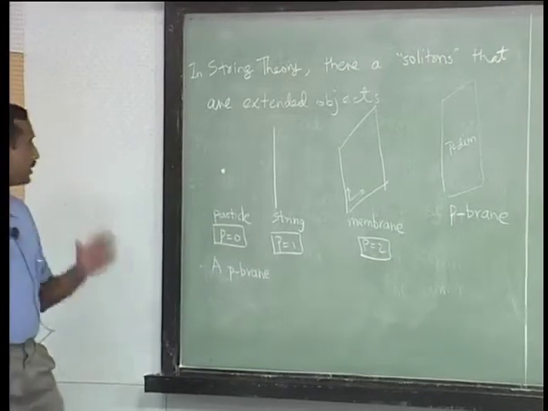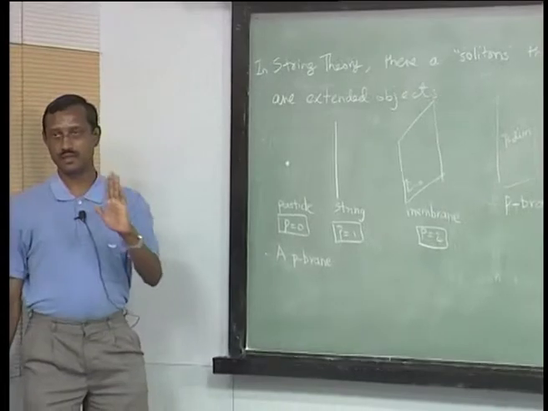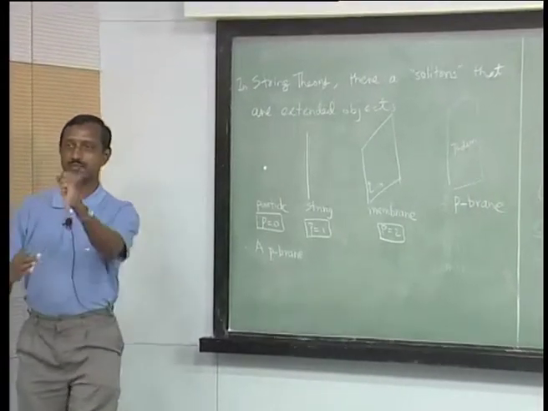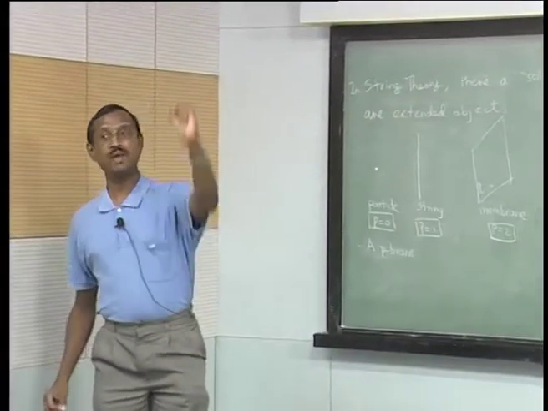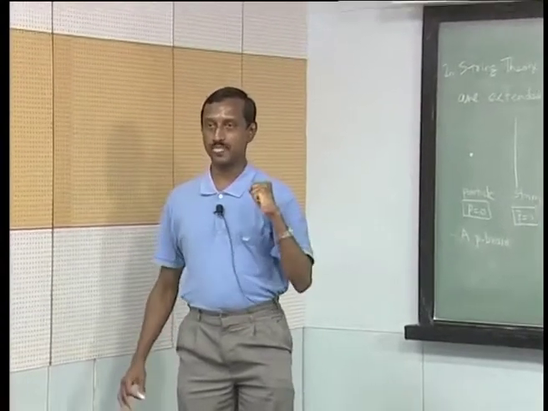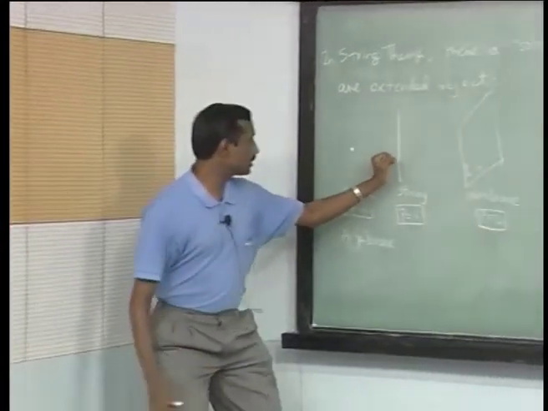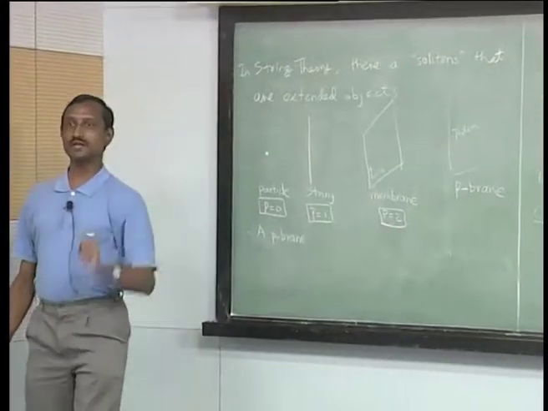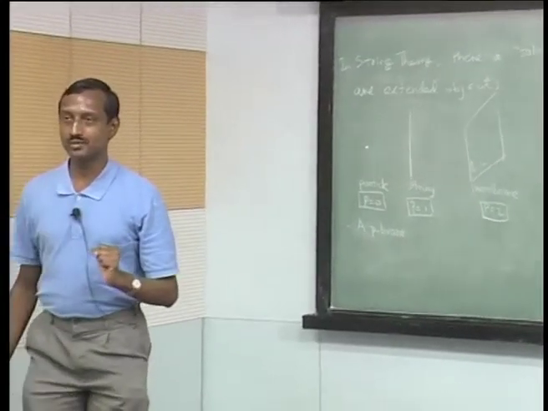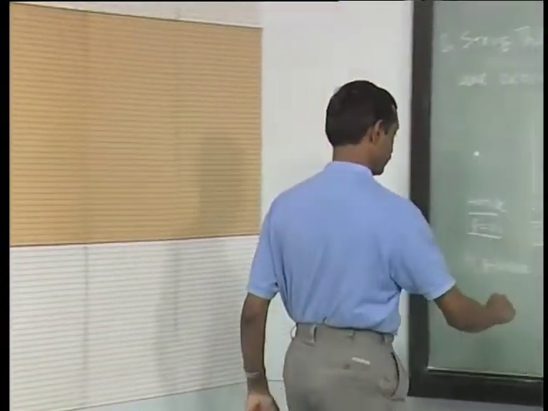breaks translation invariance. So suppose you have a particle in some space, you have to give me its position, it breaks translation in all directions. But if you have a string, along the direction of the string translation invariance is not broken, but translation is broken in the perpendicular direction. So in a p brane you do not break translation invariance in p plus 1 dimensions, and you break it in 9 minus p.